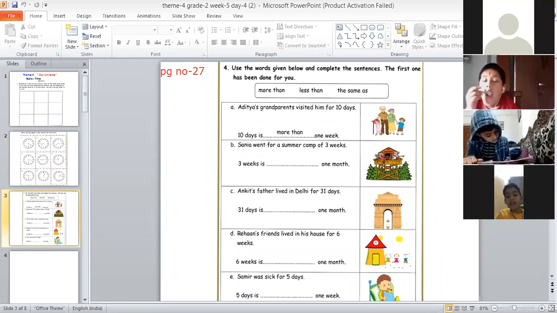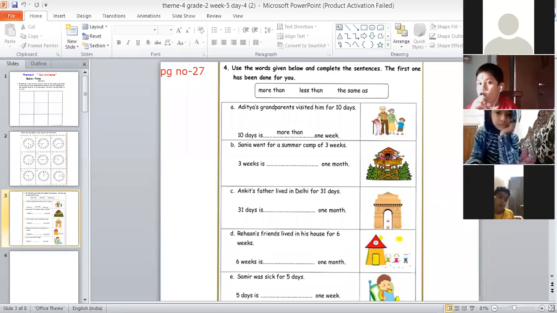Sunday, Monday, Tuesday, count and tell me how many are there. Sunday, Monday, Tuesday, Wednesday, Thursday, Friday, Saturday. How many days? 7. Yes, so 1 week is equal to 7 days, or we can say that there are 7 days in a week.